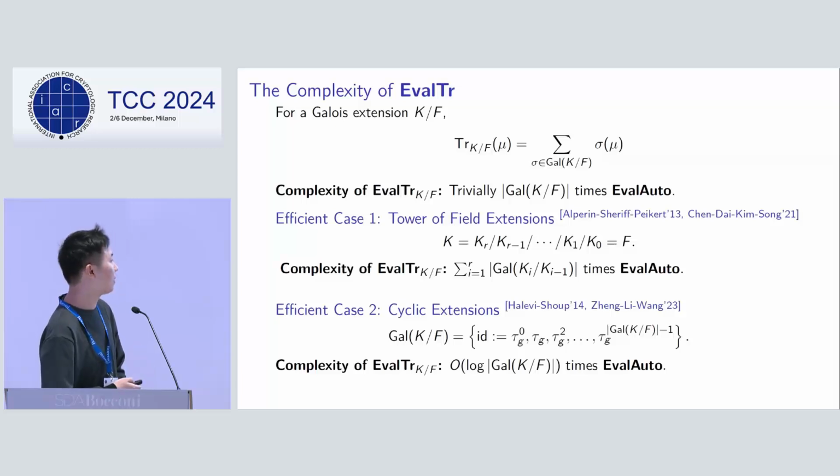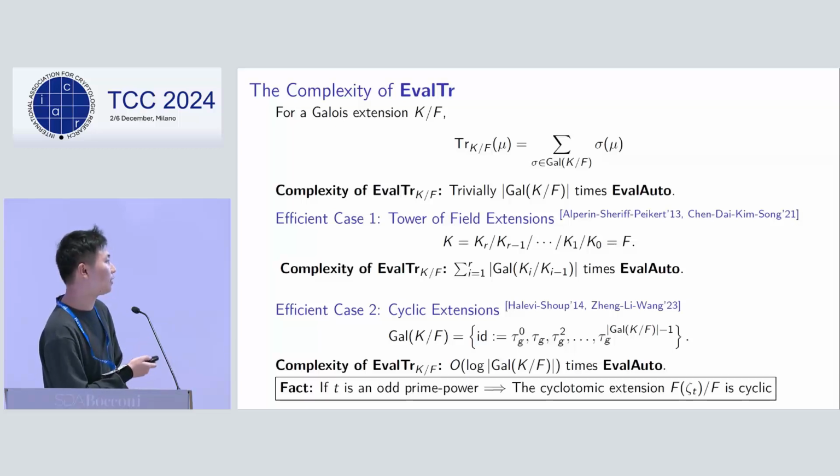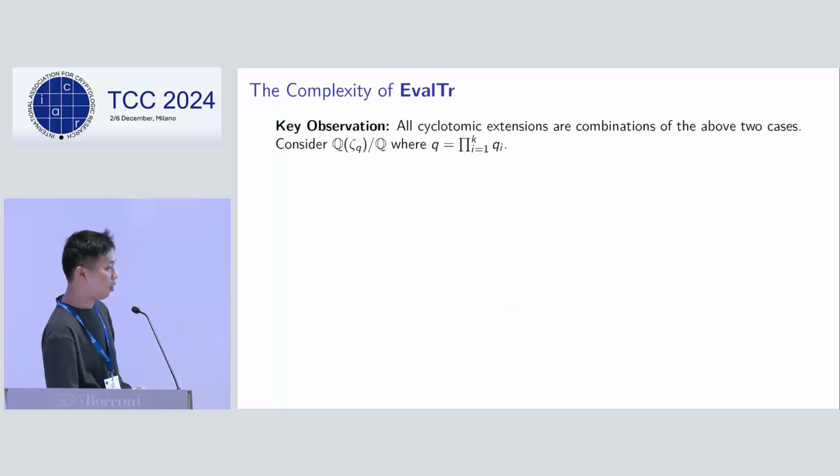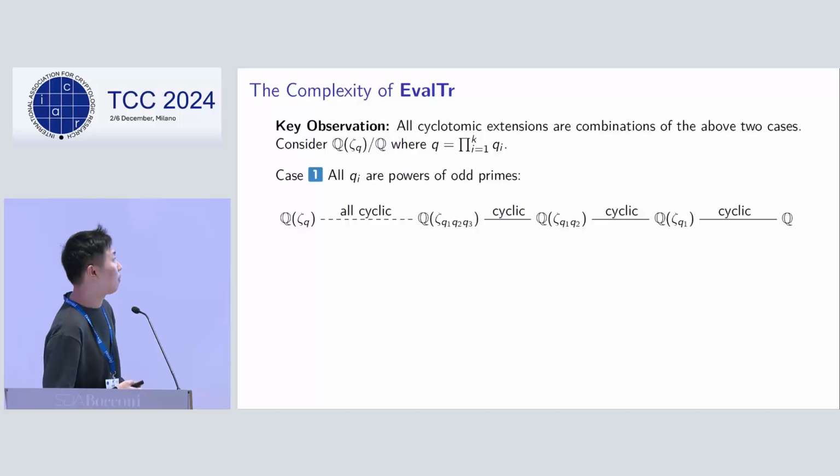An important fact is that if the cyclotomic index is an odd prime power, the corresponding cyclotomic extension is cyclic. Our observation is that all the cyclotomic extensions are combinations of the above two cases. First, if all the factors are odd primes, it is just a combination of cyclic extensions.